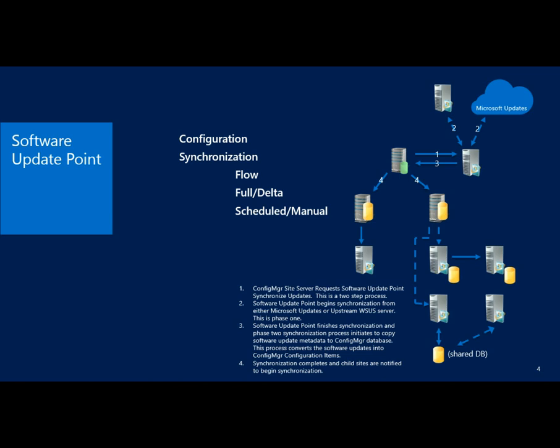We answered the management point problem in RTM, where we allow you to have multiple management points without the use of network load balancing. In RTM, though, we still require network load balancing if you have more than one software update point. So now in Service Pack 1, we remove that dependency on network load balancing and let you scale to more than one software update point simply by installing it.